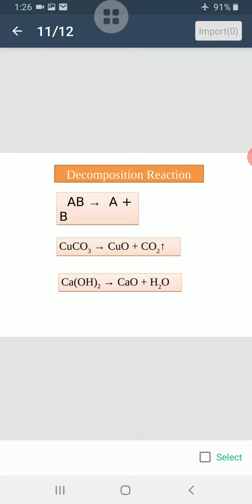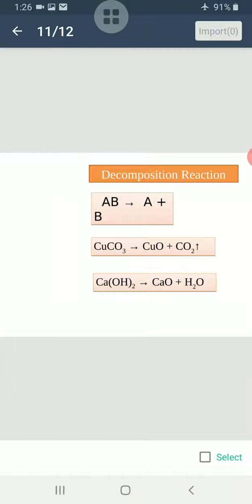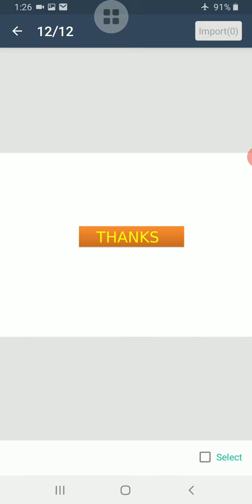In combination reaction, a compound is formed from its elements. And in the decomposition reaction, a compound breaks up into two or more substances. This is the main difference between the combination and the decomposition reaction. Thank you.